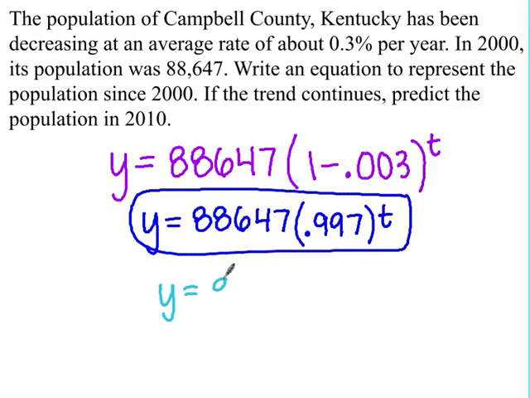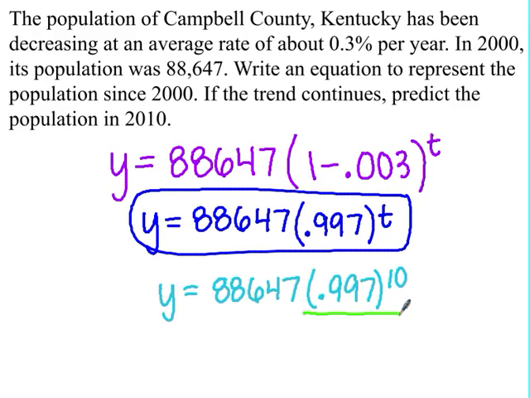So y equals 88,647 times 0.997 to the 10th power. Remember, I do the 0.997 to the 10th, take it times 88,647. And what do we get? 86,023.